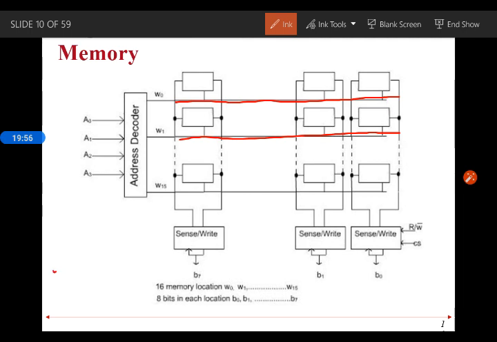So how many combinations will we get? 16 different combinations. So W0 means the address corresponding to that may be 0, 0, 0, 0. At that time, which row will be selected? This row will be selected.